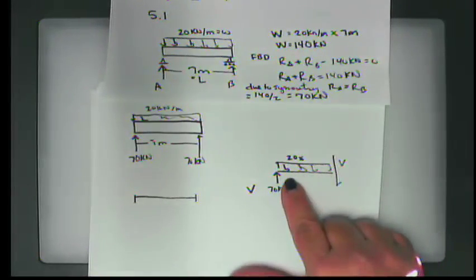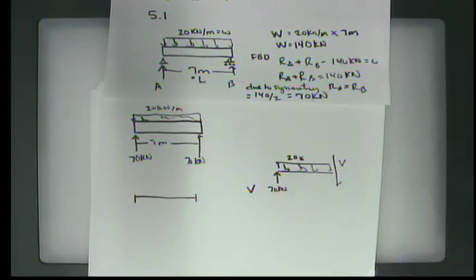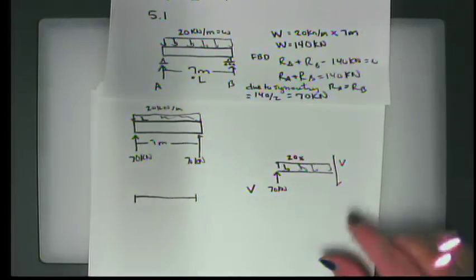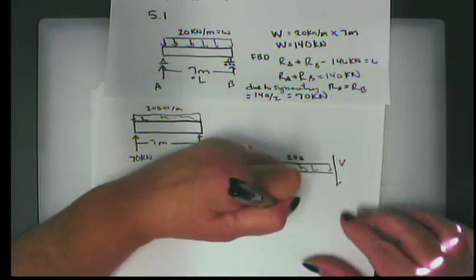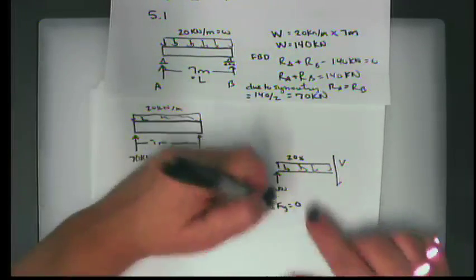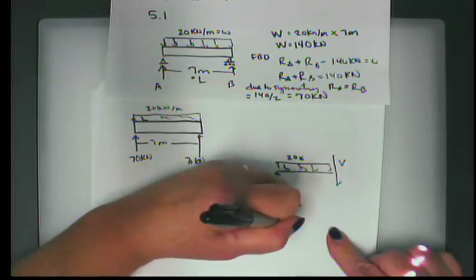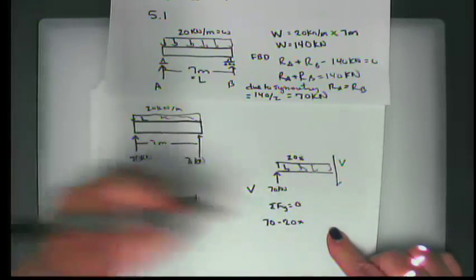That means that this is not a constant function, doesn't it? It means that it is increasing in magnitude as we go across the beam. So when I do my summation of forces in the y direction equal to 0, I get 70 pushing up minus 20x pushing down.